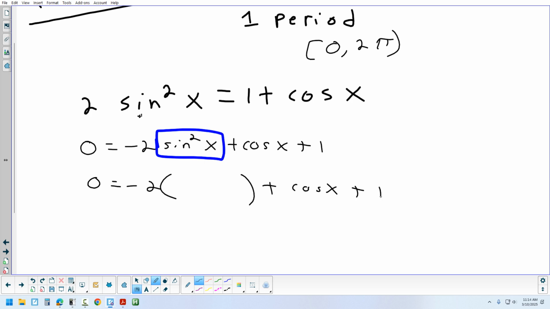What does sine squared equal? The identity was on the last page. Sine squared equals 1 minus cosine squared. Yeah, let's write it as 1 minus cosine squared.